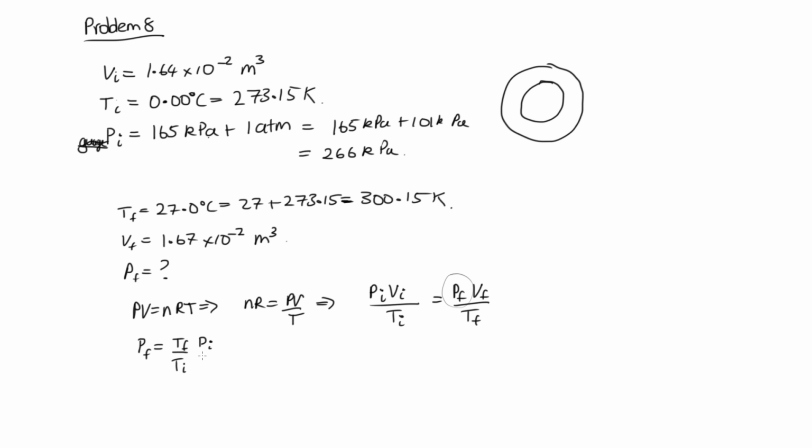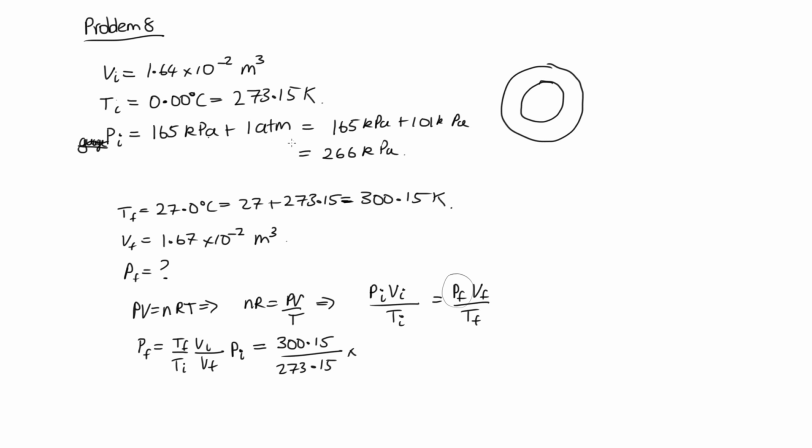Times the initial volume over the final volume times the initial pressure. So now what we can do is substitute in. For temperatures, it's important that they're in kelvins. So this is equal to 300.15 over 273.15.